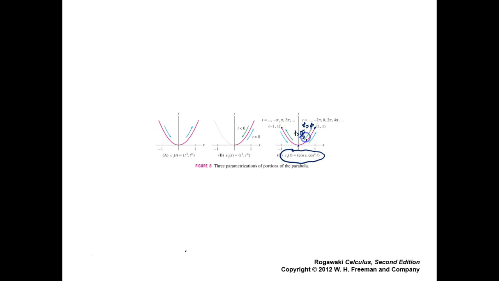Give me another one. Pi. And what would that be then? Negative 1, 1. So you're up here. So this is t equals pi right there. Then give me another one. 3 pi over 2.